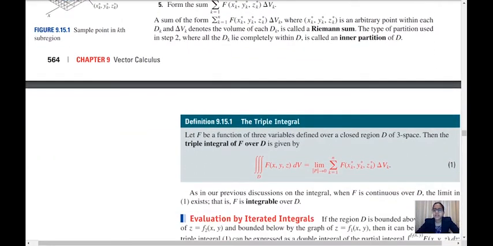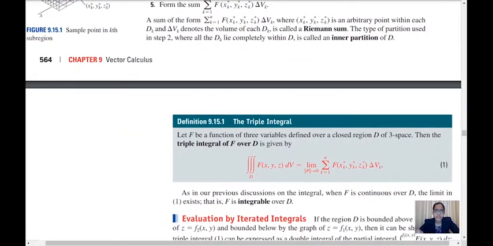The triple integral is as follows: let f be a function of 3 variables defined over a closed region D of 3 space. The triple integral of f over D is given by the triple integral over D of f of x, y, z dV, equal to the limit as norm P tends to 0 of the summation k equal to 1 to n of f of x k star, y k star, z k star times delta V k.